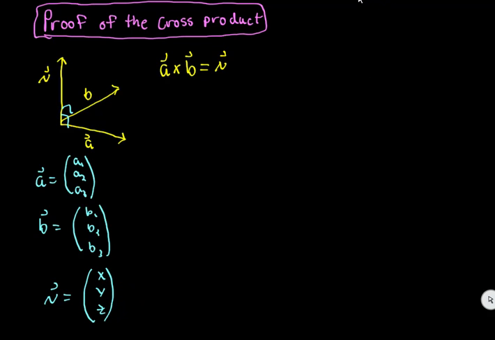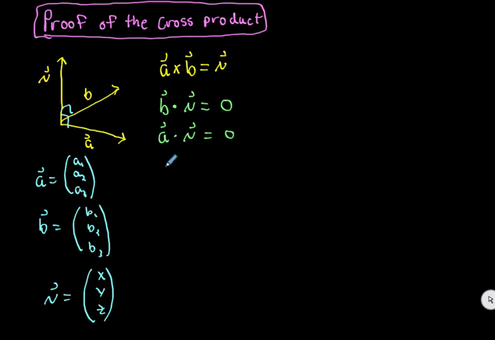Well, what do we know? We know that if this normal vector is perpendicular to both B and A, then using what we know about the dot product, vector B dot product N has to be equal to 0. And the same thing happens for vector A: vector A dot product N will also be equal to 0.